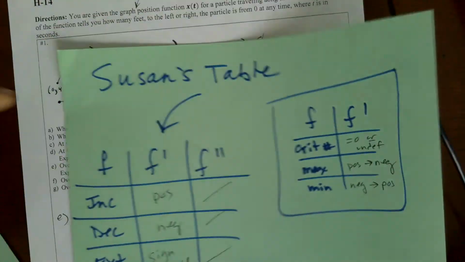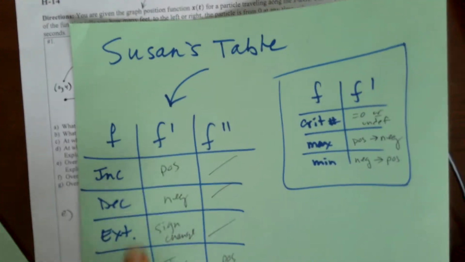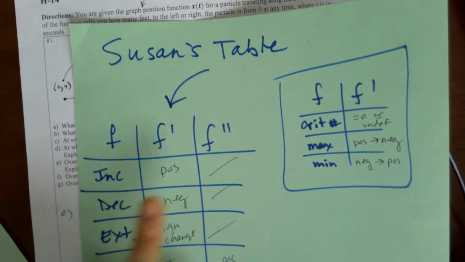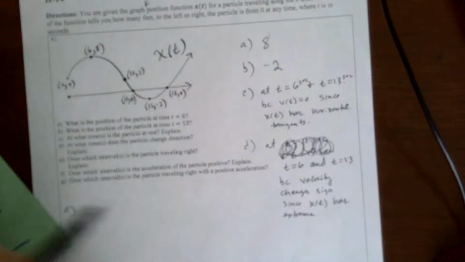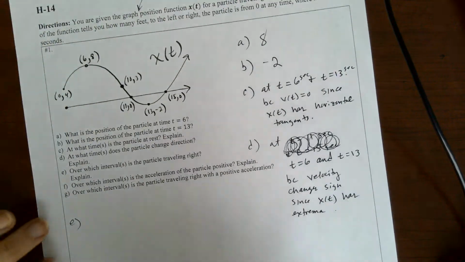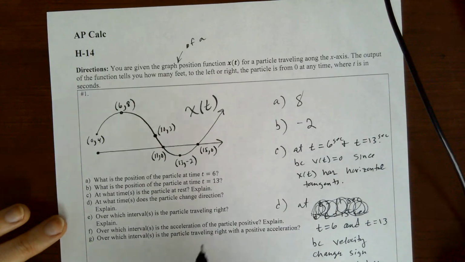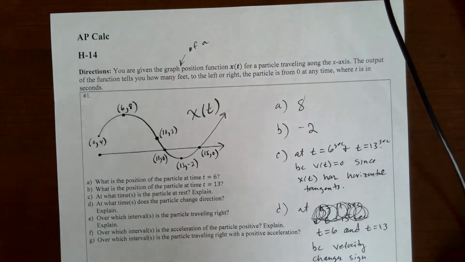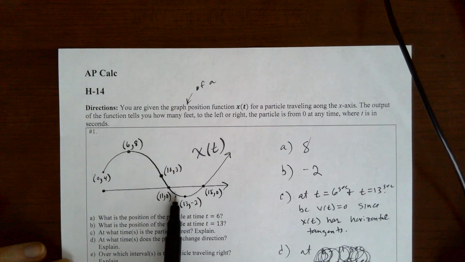Velocity is the first derivative, so we're going to know if the original function is increasing. So I am looking for where velocity is positive, which is going to be where this graph is increasing.